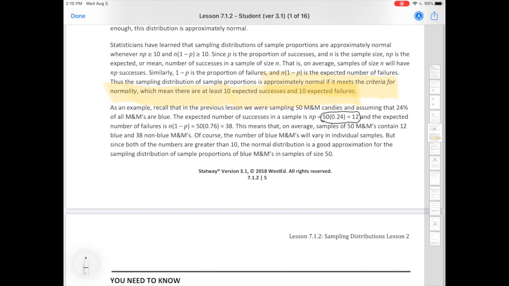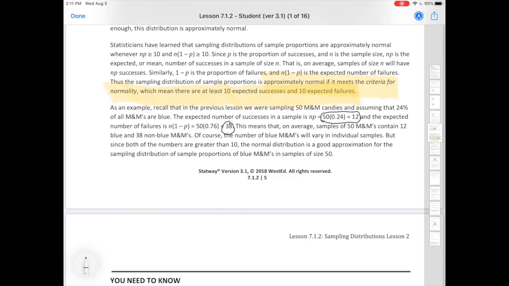And that just means that out of 50 M&Ms, we expect 12 of them to be blue. So how many failures do we expect? Well, you do n times 1 minus p, that gives you 38. In other words, in 50 M&Ms, we expect 12 blues and 38 of them to not be blue.